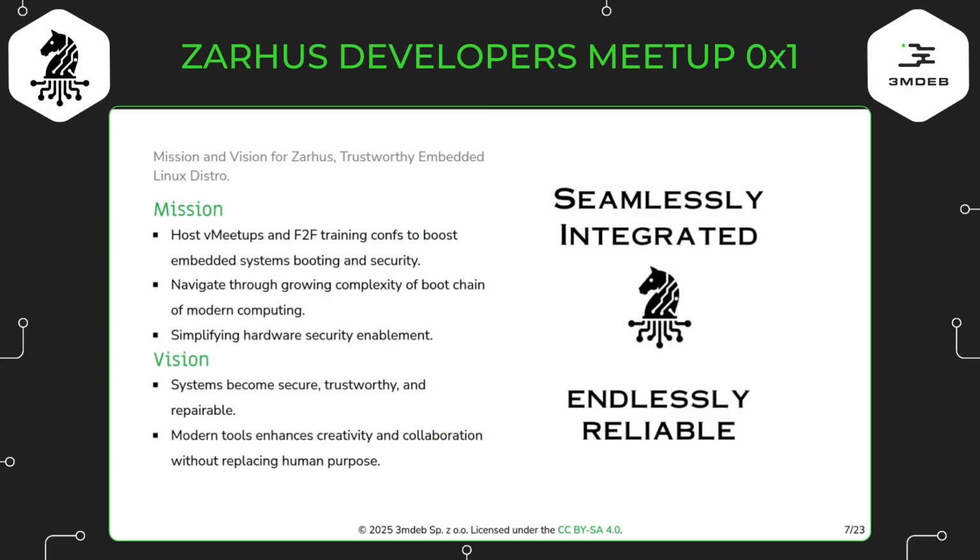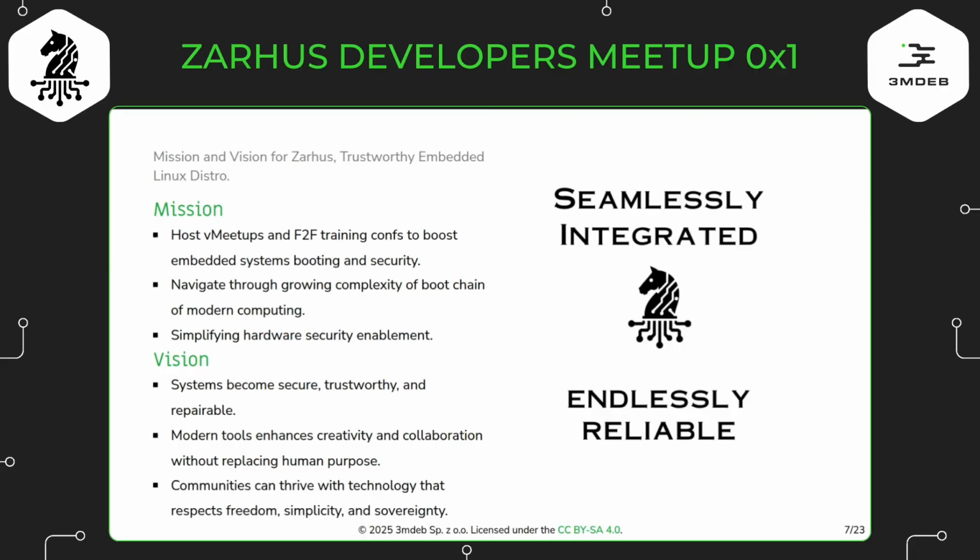I think that those modern tools and modern methods of developing software, embedded software, and security, like high quality security and trustworthy systems, is something that will enhance creativity and collaboration. And this will be kind of an extension of human creativity and collaboration instead of replacing the humans.